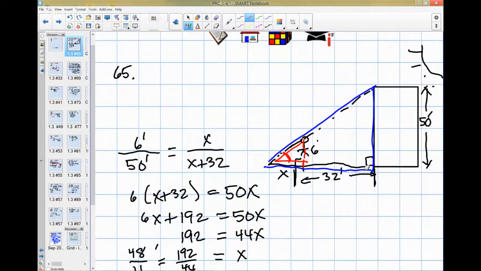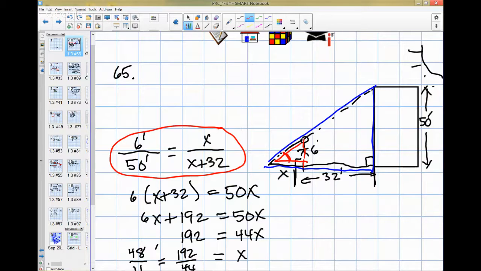Because 32 only goes up to here, so the whole thing is X plus 32. So that's how I arrived here. Let me just pause there. Did anybody have a question about that? I set it up by using similar triangles.